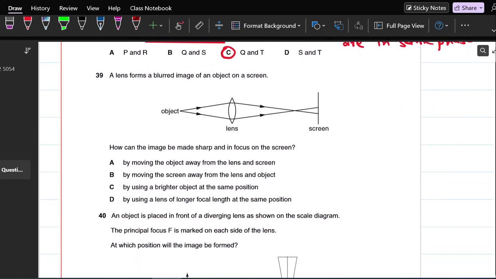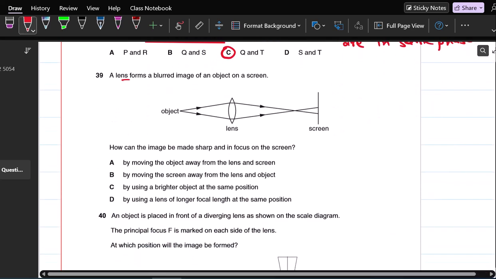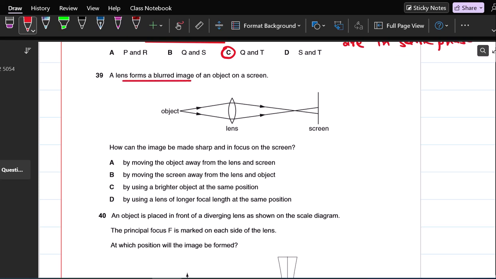Question 39. A lens forms a blurred image of an object on a screen because image is in front of the screen. How can the image be made sharp and in focus on the screen? So there are ways that either you move the screen, this is one way.